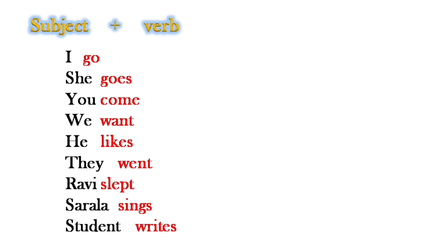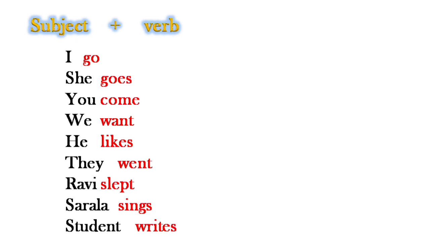This is the very simple structure in English. We can create many sentences. I go, she goes, like that. Ramesh went, Ramesh comes, Ramesh sings, he writes, he reads, he sleeps, he plays, I play, I come, I eat, I drink, I read, I write. My father came, my father goes.